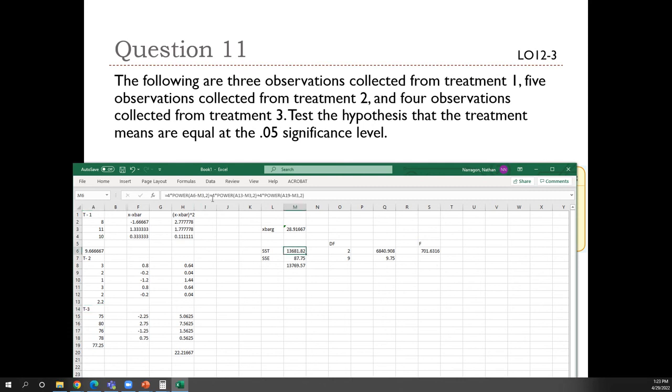We may have to go through here, and we may have to change because the power values have changed as well. So, again, it's the number of observations in each one. So this is now 3, and this is going to be 5. So you may have to change it just slightly on some, like when they increase the number.